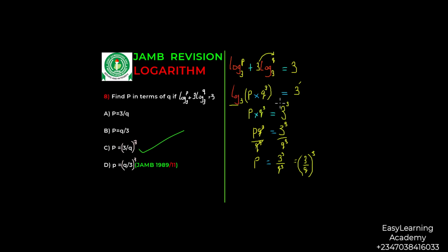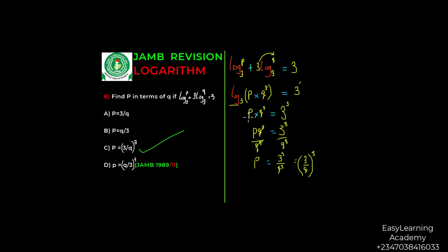Now we were asked to find P, so you want to eliminate this log here. To eliminate this log, you need to rewrite everything in indices form. So this base 3 becomes the base of the indices, and what it was equal to becomes the power.